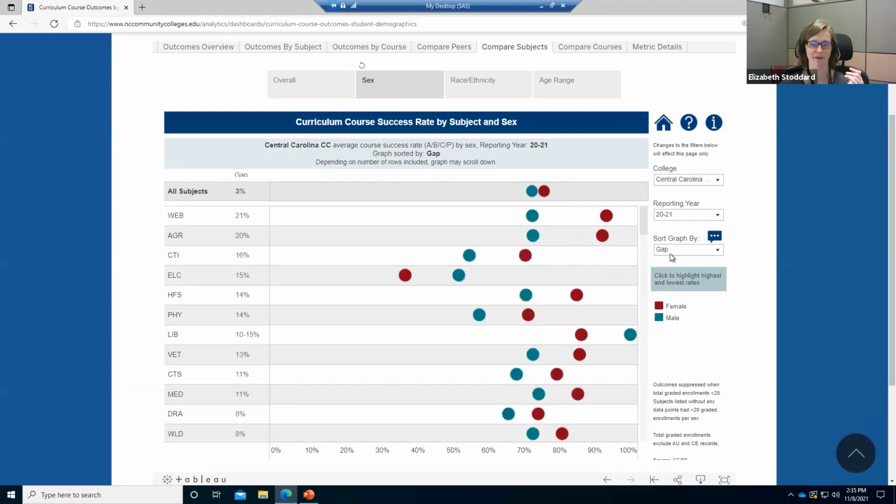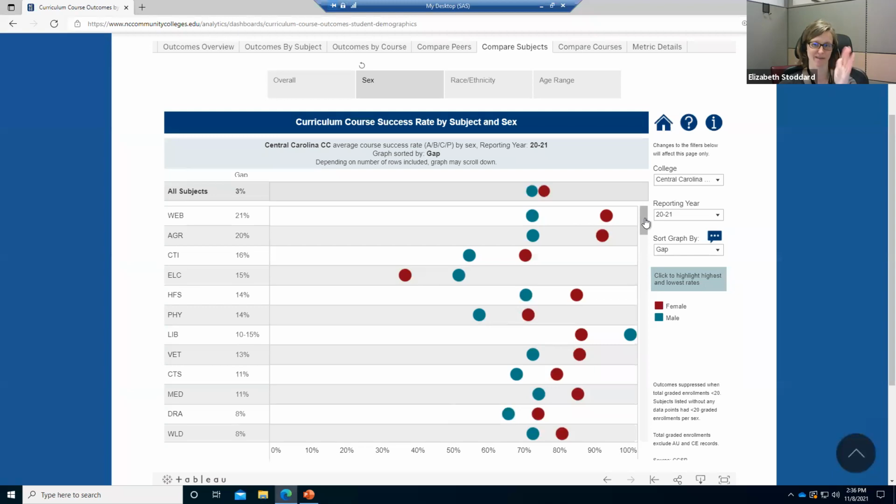Sorting by the gap sorts by the difference between the group with the highest success rate and the group with the lowest success rate. In this case, there are only two groups, males and females, so it's easier to see here. This subject, web technologies, is the subject that had the highest difference in success between males and females. You can see over here that the gap was 21%, with females showing higher success and males showing lower success.